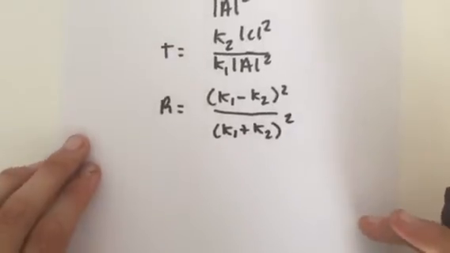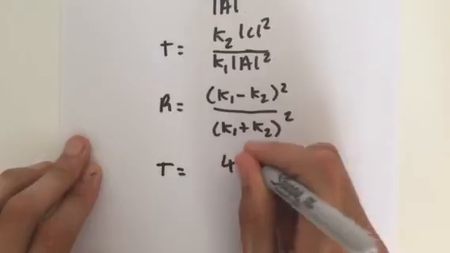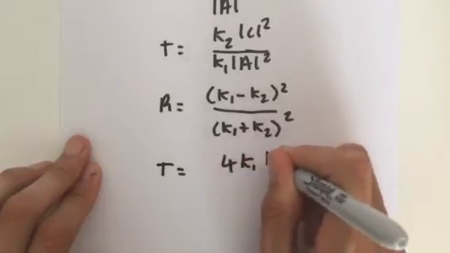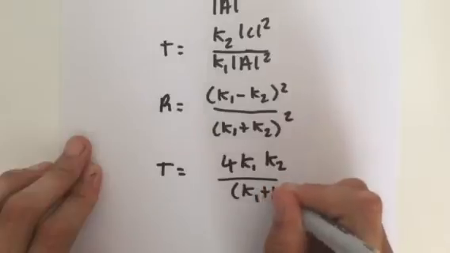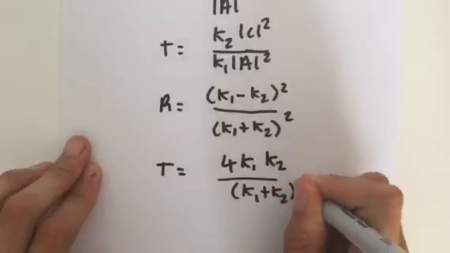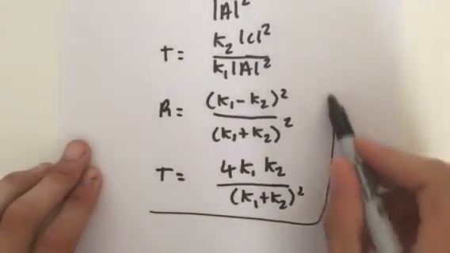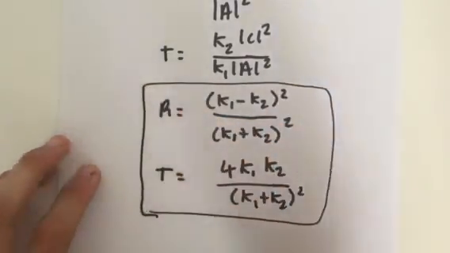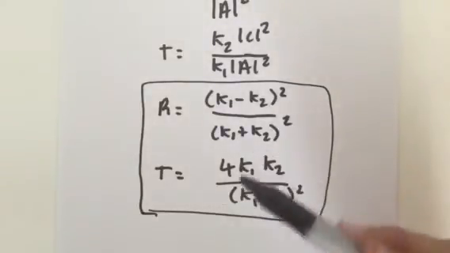And of course for T, we do the same thing: T is equal to 4 k1 k2 divided by (k1 plus k2) squared. That's what we get for the reflection and transmission coefficients. And there you have it. We have just calculated the transmission and reflection coefficients.